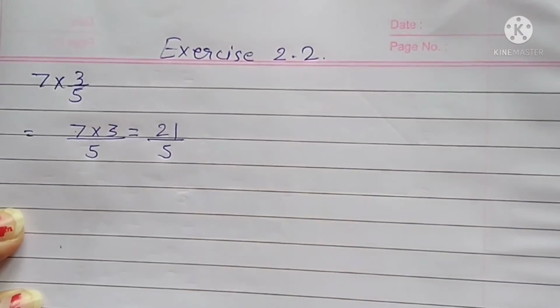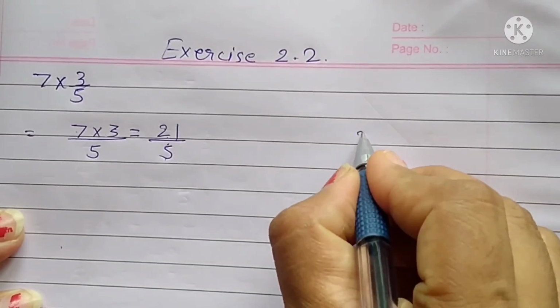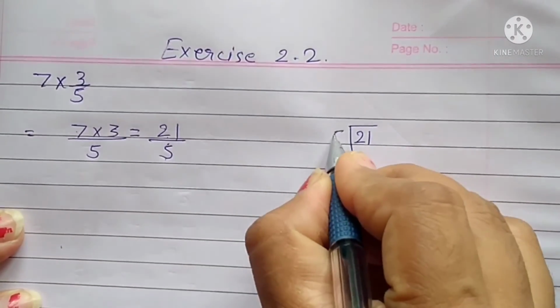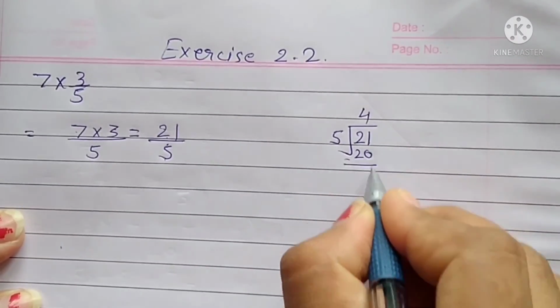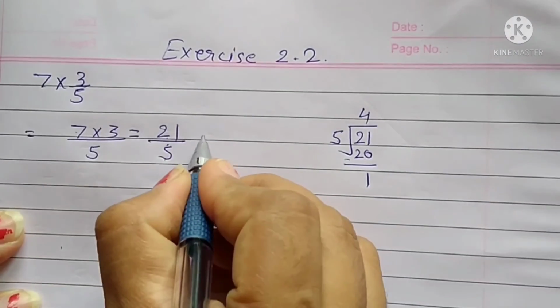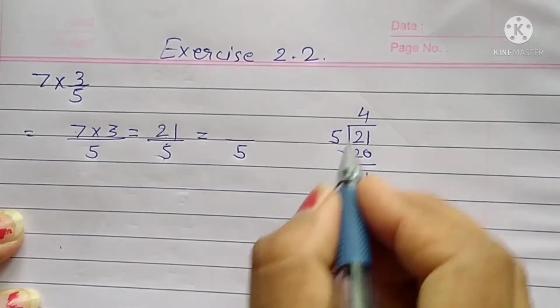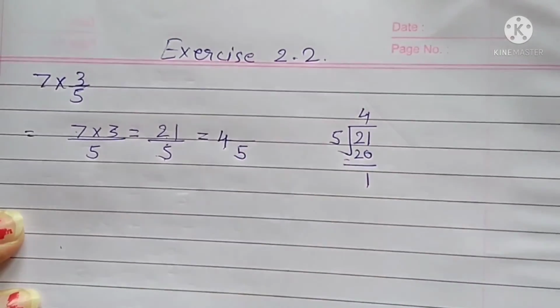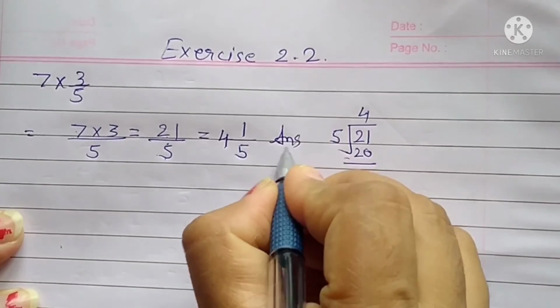This one is in lowest form, and we convert it into a mixed fraction. To find it, we divide 21 by 5. So 5 4s are 20 and the remaining is 1. So we write it like that. Denominator is same. We multiply 4 with 5 and the remainder is 1. So that one is our answer.